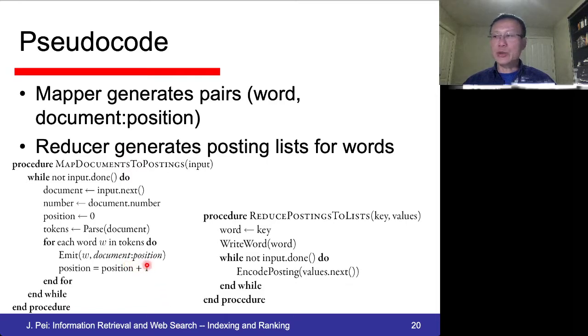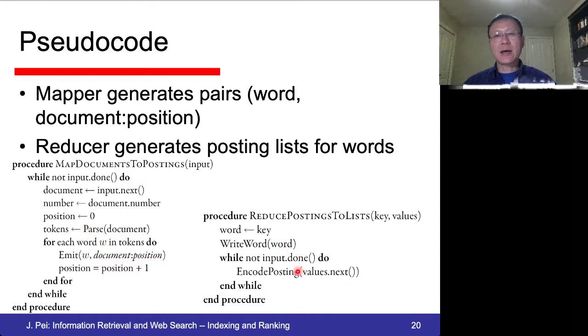The beauty of MapReduce is that the logic is very simple, and you rely on the system to do the shuffling and also the resource management. Well, if a mapper goes wrong, never worry. You can restart the mapper again and feed the mapper with the same set of documents. Although the mapper may produce multiple such key value pairs to the reducer, those pairs will contain the same word information and document and position information.